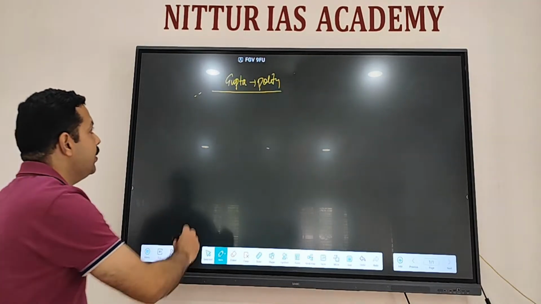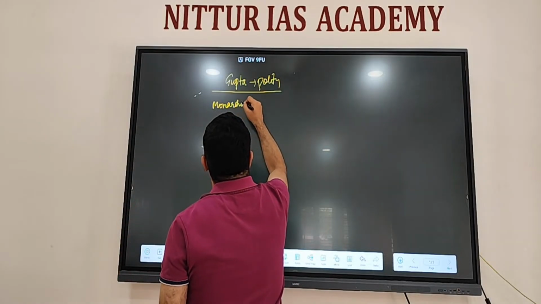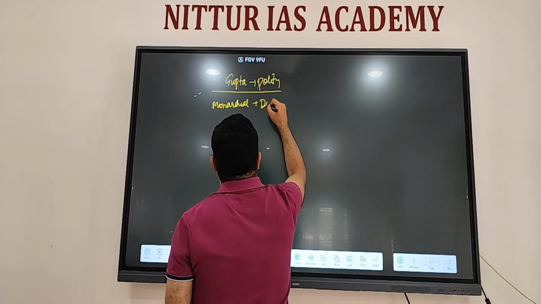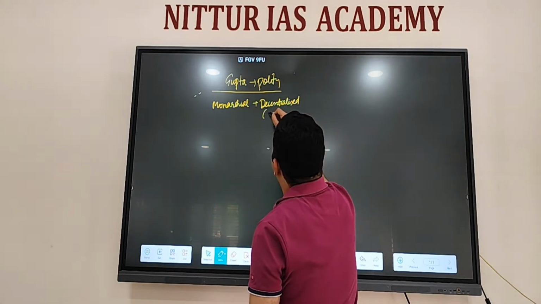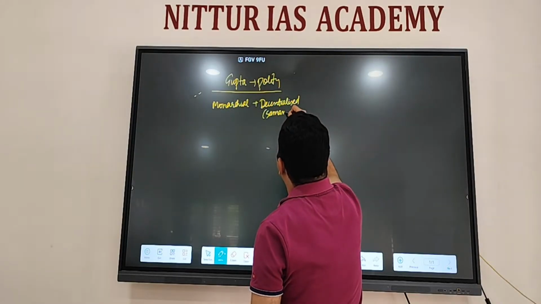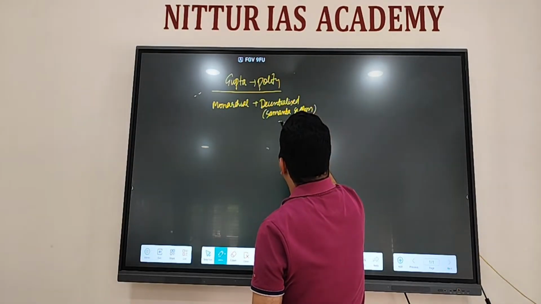First you see which type of system there was. A monarchical system was there, but it was decentralized, with the Samanta system being prevalent, or we also call it patrimonial bureaucracy.